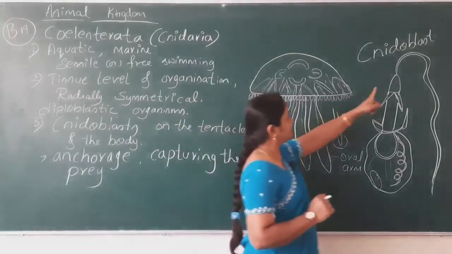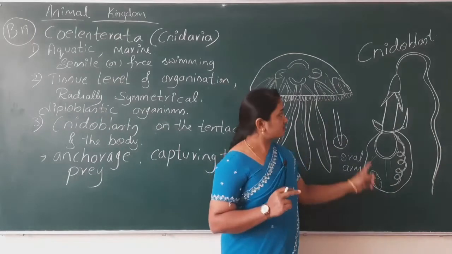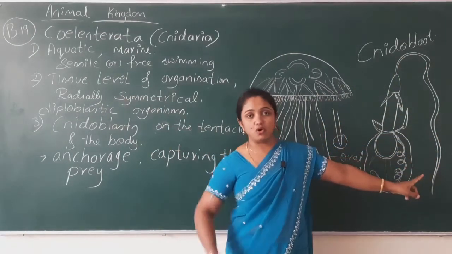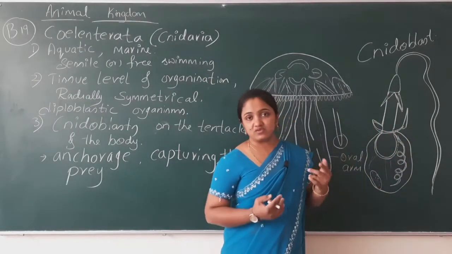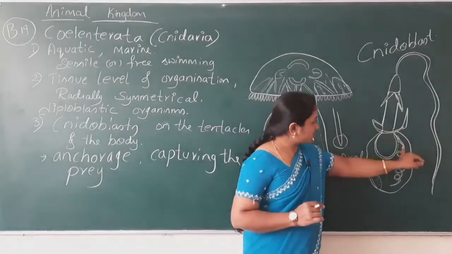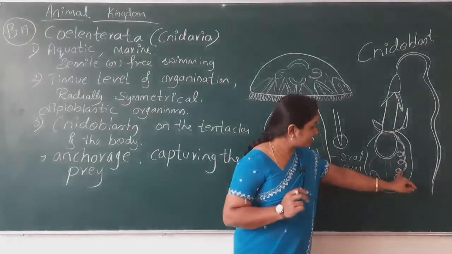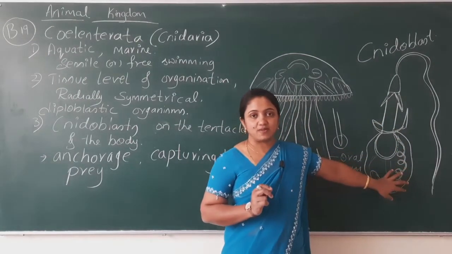Capturing the prey means what? You can see a whip-like structure over here. It is pretty long, lengthier. The whip-like structure, or the flagella, is present inside the Nidoblast cell.